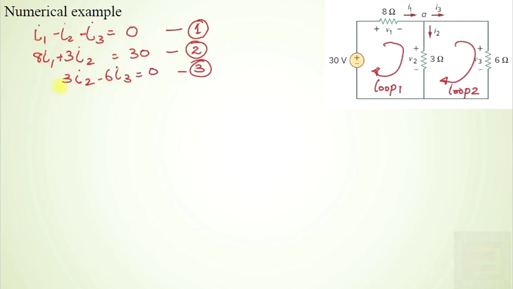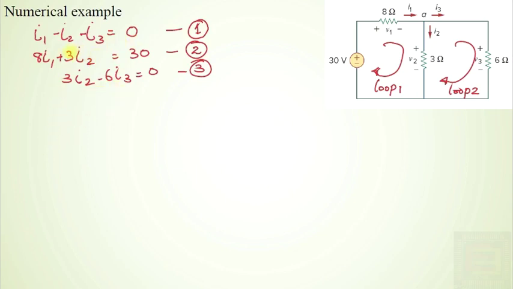Now in matrix form, in order to solve these three simultaneous equations, either you can solve by the substitution method. You can substitute 3I2 is equal to 6I3; from here you can evaluate I2 and substitute it in terms of I3, and solve the resulting simultaneous equations. Or by applying Cramer's rule you can easily solve these three simultaneous equations.